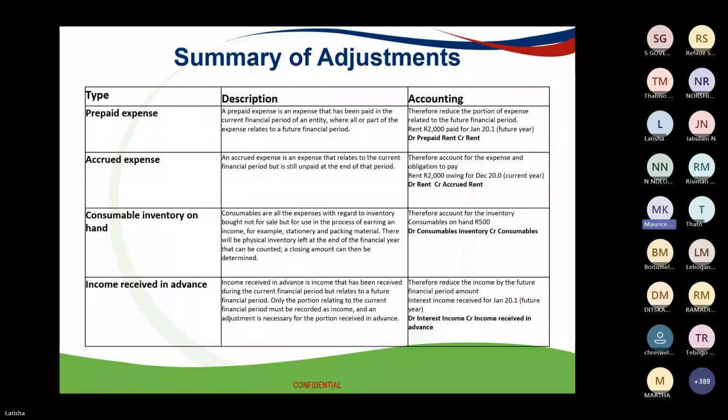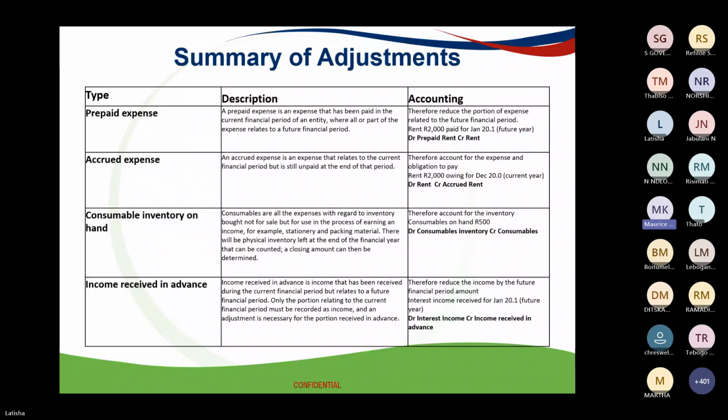Let me repeat that. I'll try to be slow so that the students can understand. We record income and expenses in the financial year in which they occur and not in the period in which the money is received.